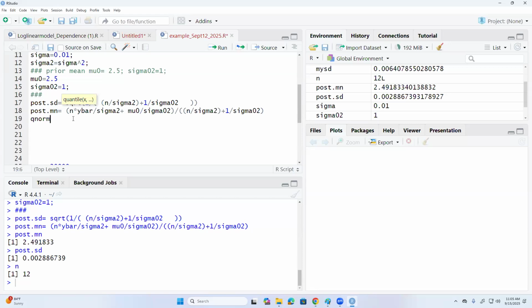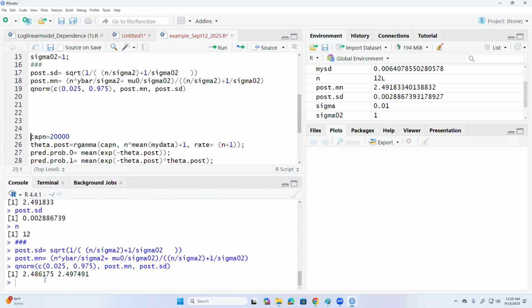So qnorm returns the quantile, so it is 0.025 and 0.975, and the mean is this posterior mean and posterior standard deviation. So let us do that. So it came out to be 2.48617.